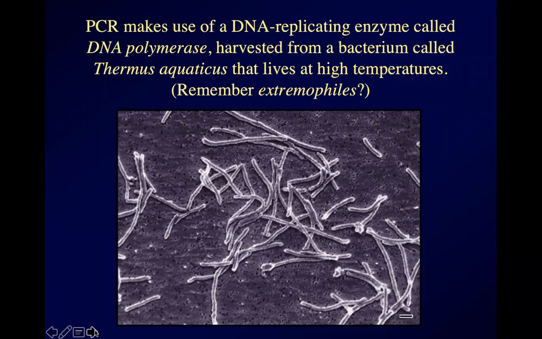And an extremophile is an organism that is adapted to live in an environment that most living things can't survive in, that's too cold or too hot or too salty or too acid or too alkaline. Well, one of these extremophiles is a bacterium called Thermus aquaticus. It looks like this, and it happens to live at high temperatures.